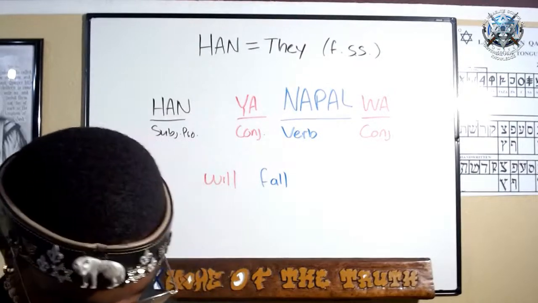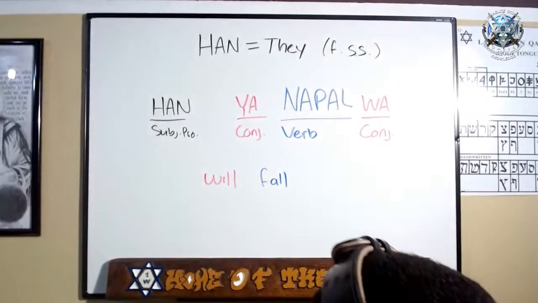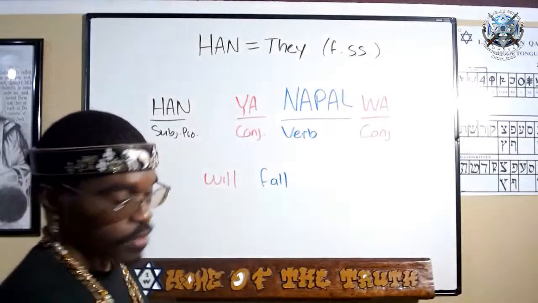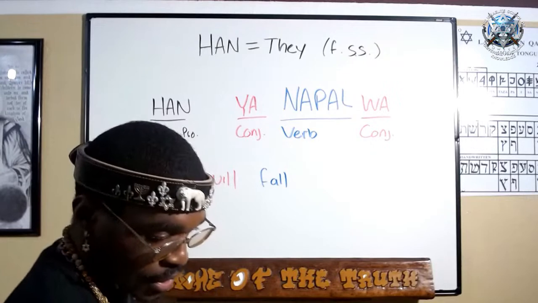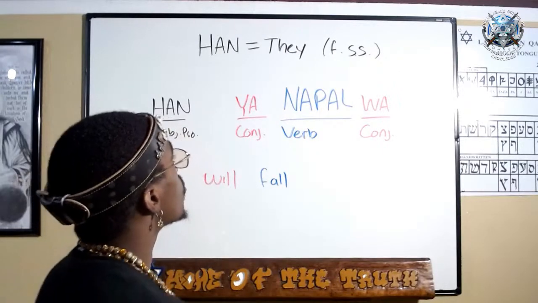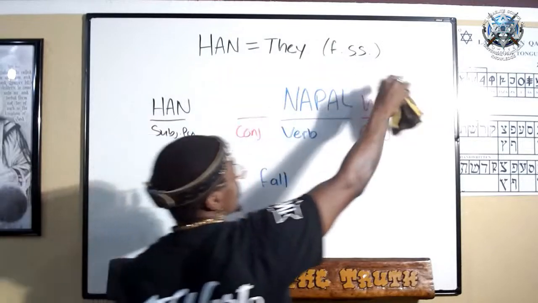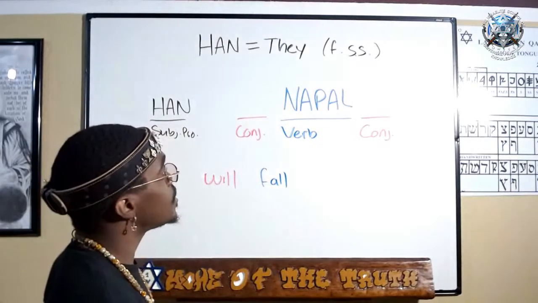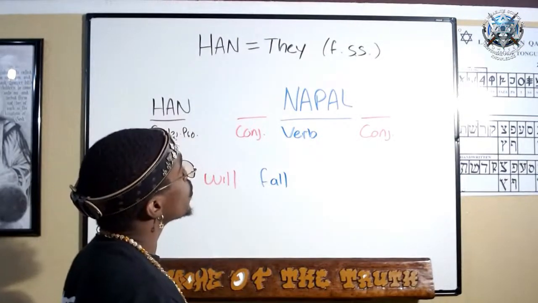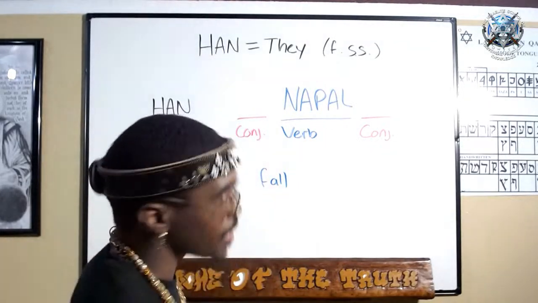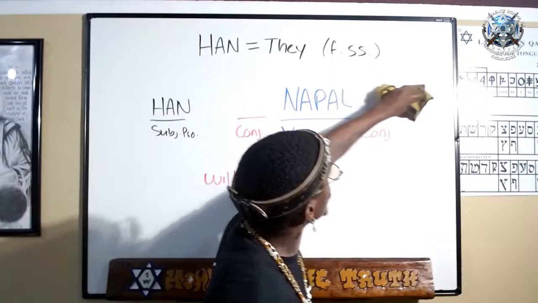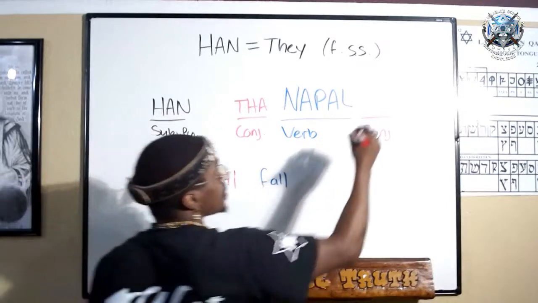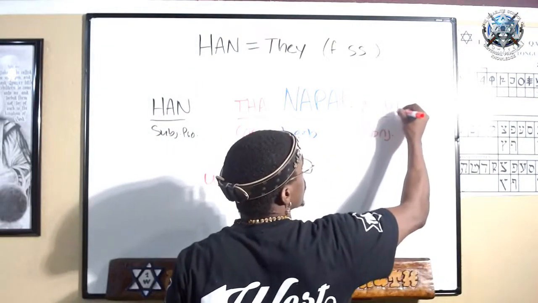What changes? Okay, if we have hun as our subject pronoun, we're going to change what goes at the beginning and the end. Instead of ya and wa, we're going to replace that with tha at the beginning and na at the end.